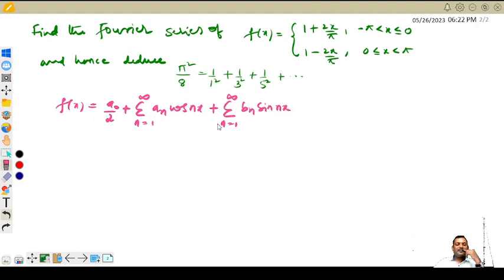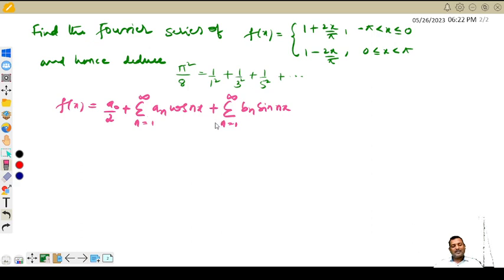After writing the Fourier series, we are going to find out a naught, a n and b n. Then, with the help of the concept of odd and even nature, you are able to reduce the steps.